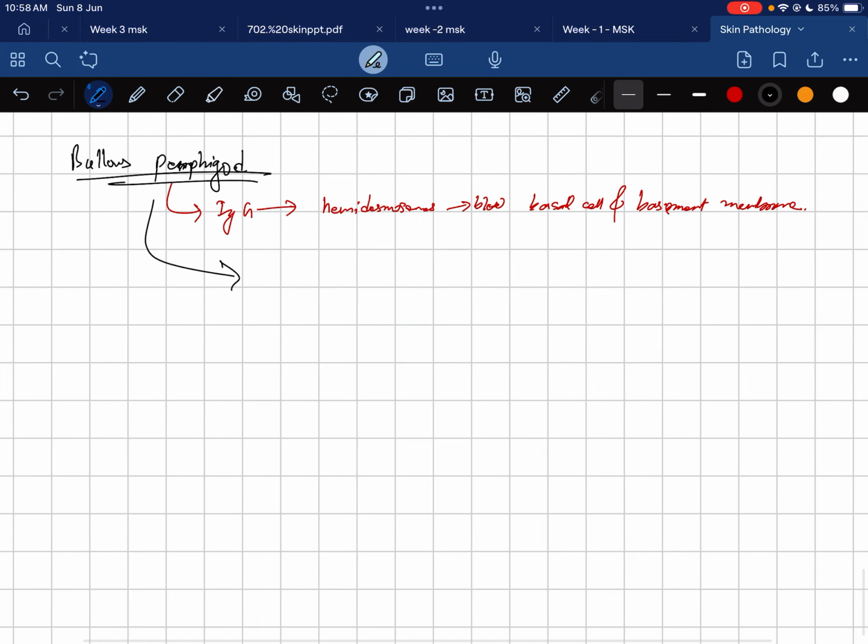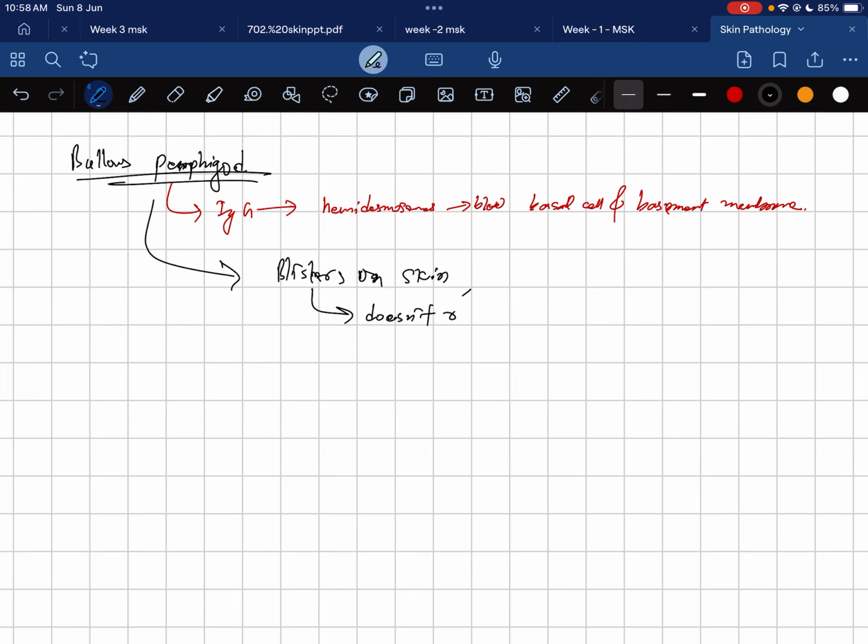When you look at the clinical presentation, there are blisters on the skin, usually in the elderly, similar to pemphigus vulgaris, but the bullae do not rupture easily.